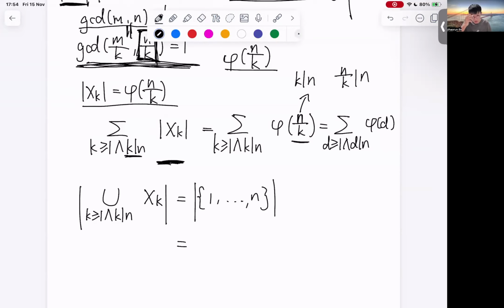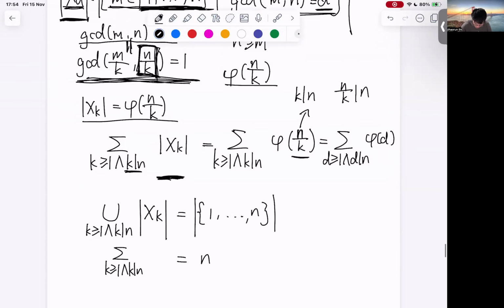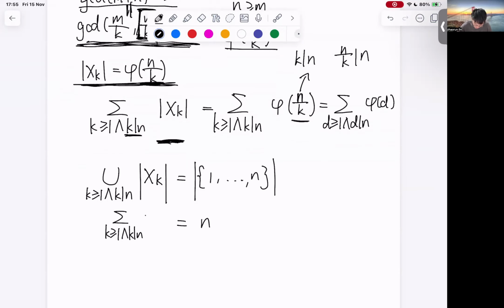So their size would be n on one side, and on the other, since we just proved here that the size of x_k is equal to this value, it's just this.